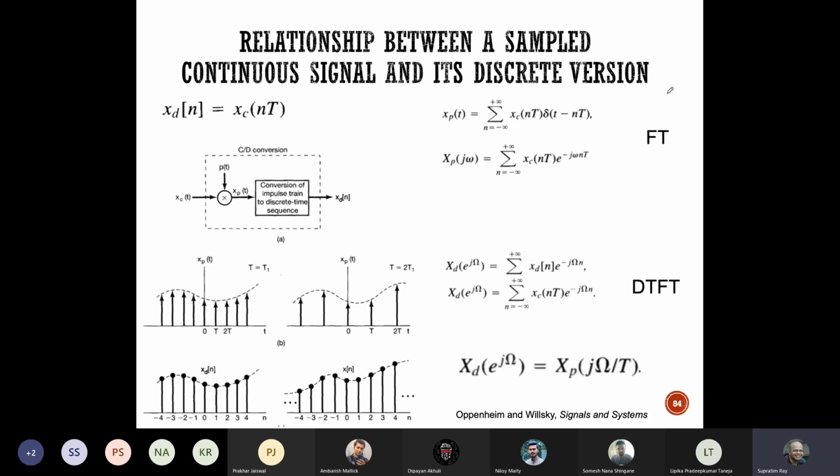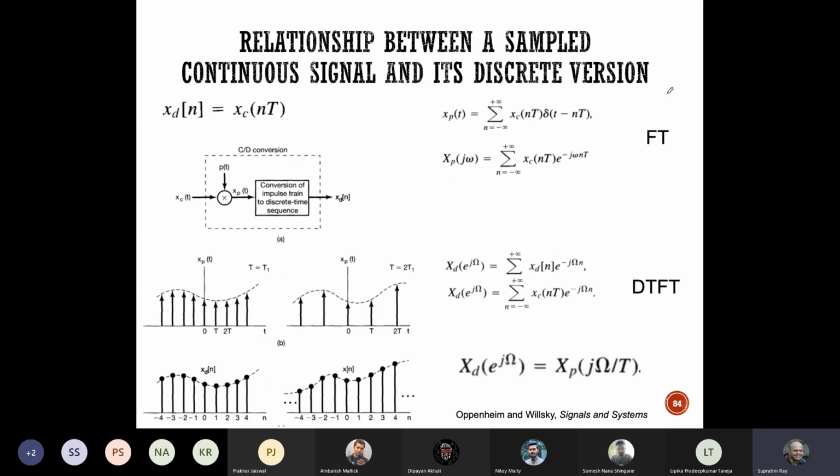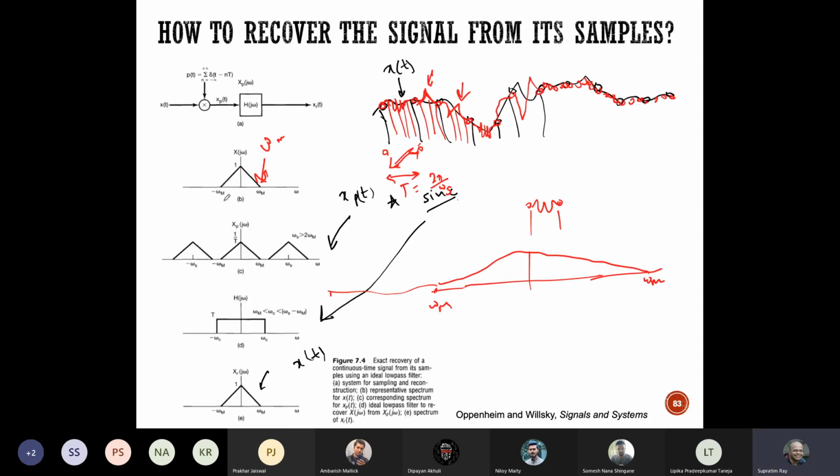So now let's move on to another question. The signal that I got, x_c(t), is still a continuous signal. I have taken its Fourier transform, and the Fourier transform looks like this.